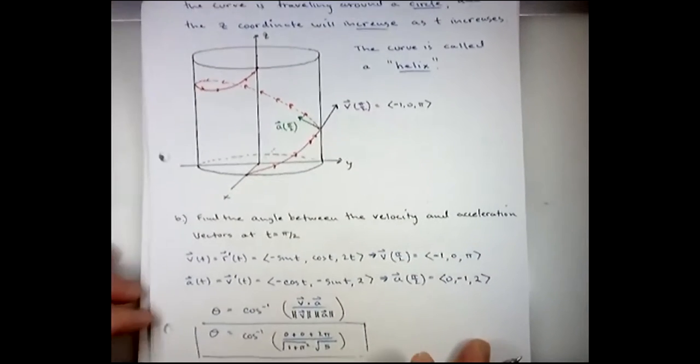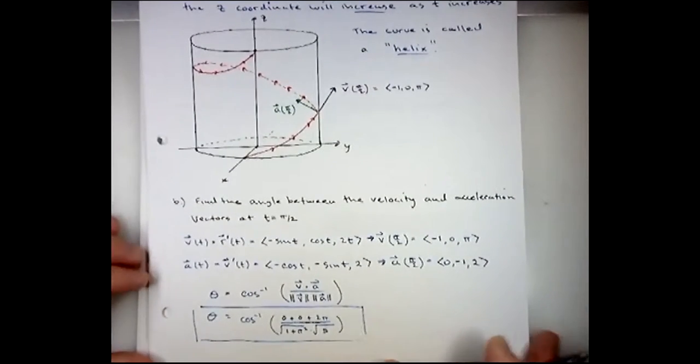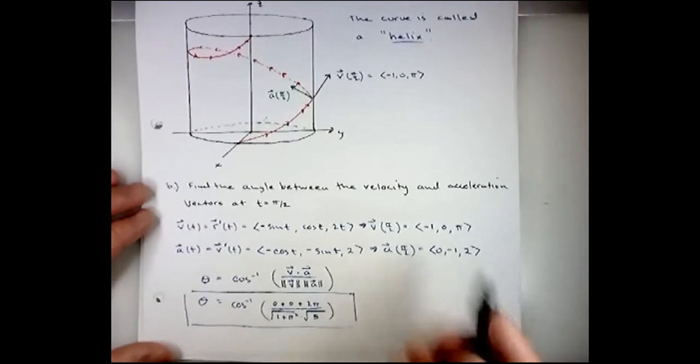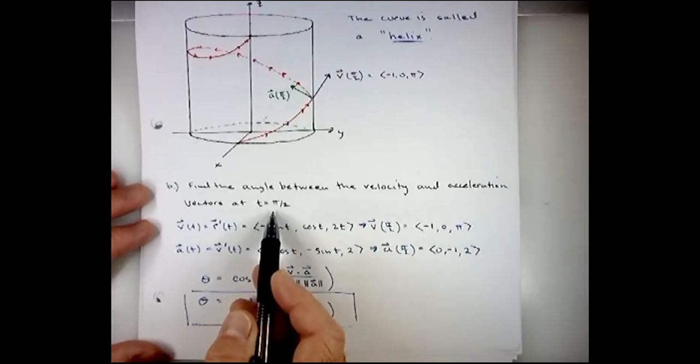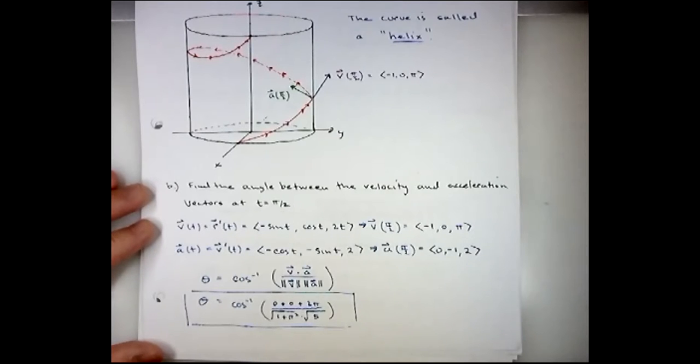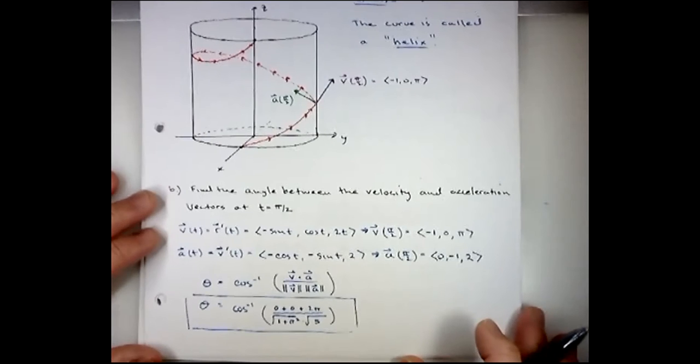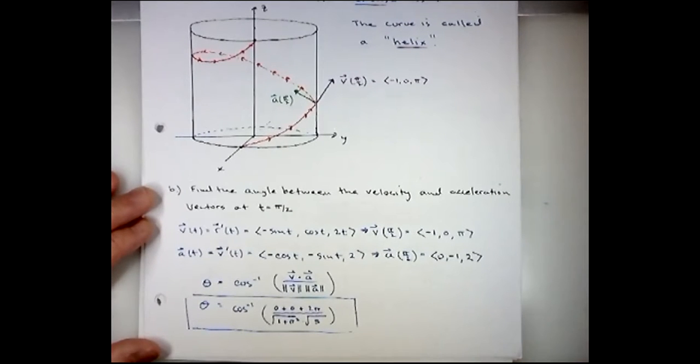And so here's another question you could get asked, rather than asking if the velocity and acceleration vectors are perpendicular, how about just what's the angle between the velocity and the acceleration vectors at pi over 2?